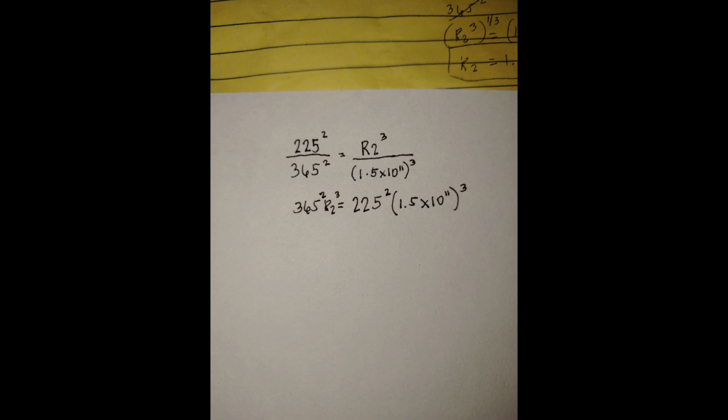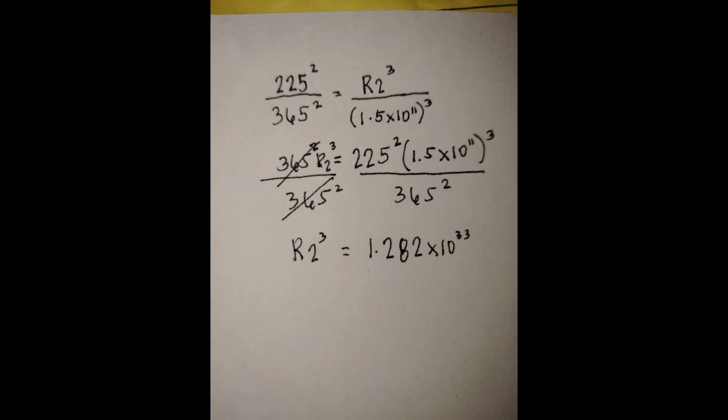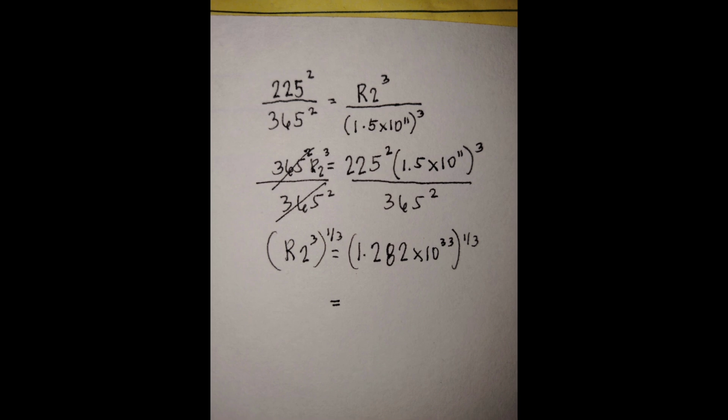So, i-cross multiply pa rin siya. And then, kailangan nating i-divide by 365 squared both sides. And then that will give us 1.282 times 10 to the 33. Now, to get r, raise both sides to the 1/3 power.